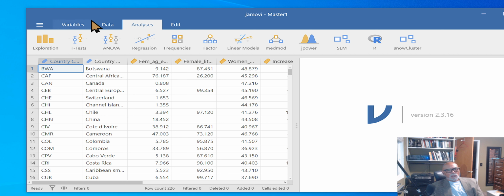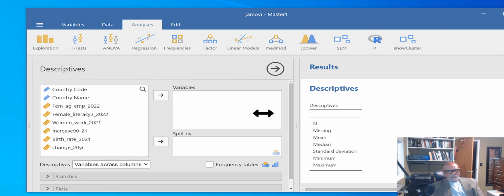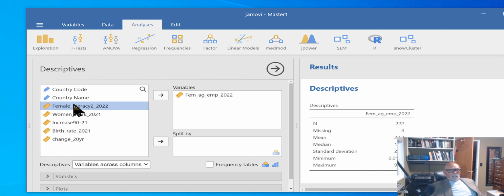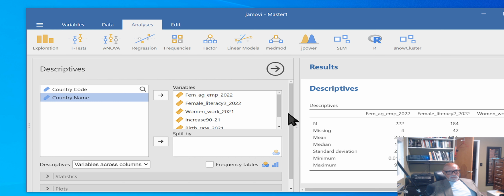So now we're going to go to the analysis, exploration, descriptives, and as we did last time, you'll be able to load your descriptives into the dialog box where it wants to know which variables are to be measured, and we're going to put them all in.